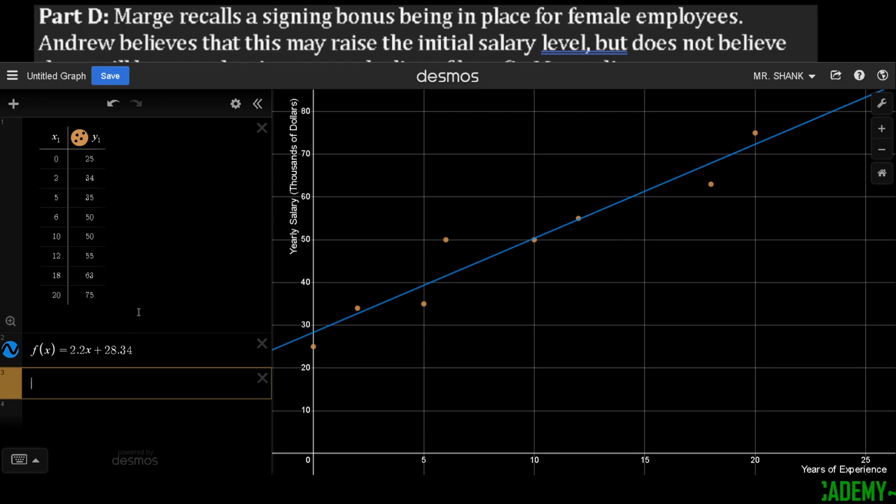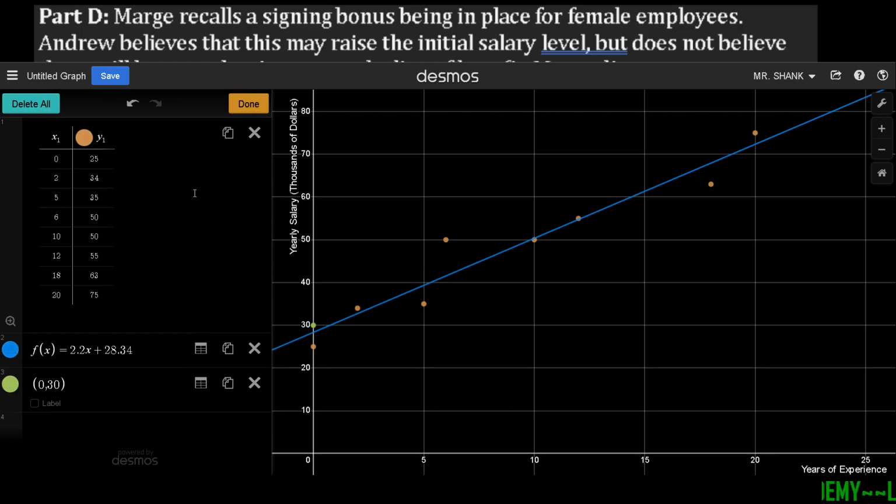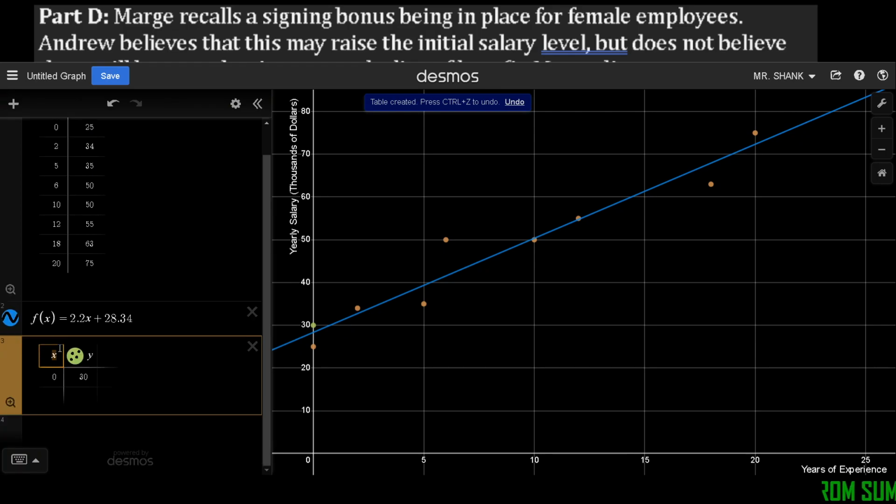And let's type out our second table. Same as before, ordered pairs, I say 0, 30. Now I can click the edit list button, convert to table, and the same kind of thing. But now let's label this as X sub 2 because we need to have a new list.